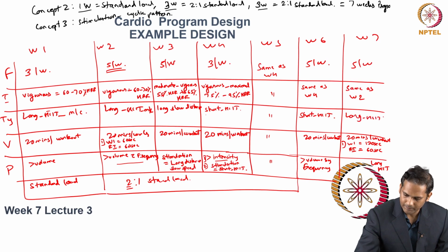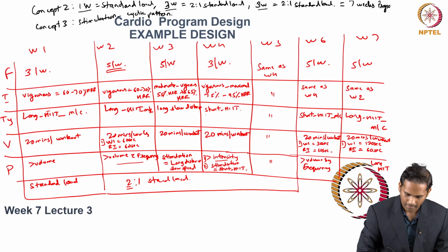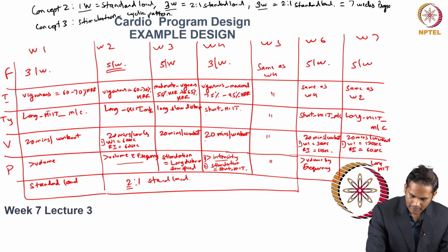Long HIIT using machine. Here, defining the short HIIT volume, the work interval is 30 seconds and the rest interval is 60 seconds to start with.